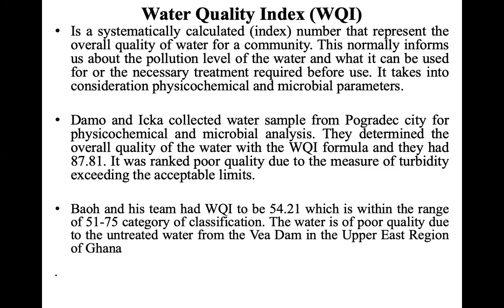In their study, they determined the overall quality of the water using the water quality index formula, and they found out that it was 87.81, and this was ranked poor in terms of quality due to the presence of heavy substances exceeding the acceptable limit.